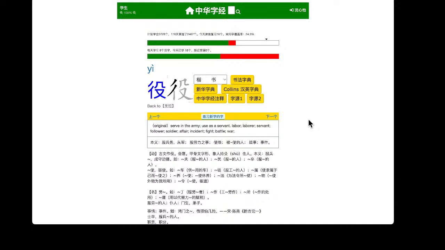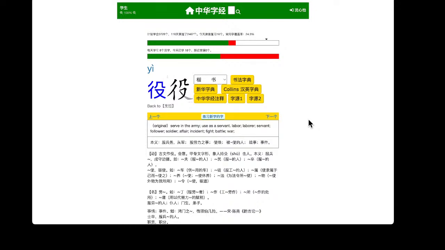And it also refers to an incident: the war, the battle, the fight. So the instance of a war, fight, or something happening, they use that.